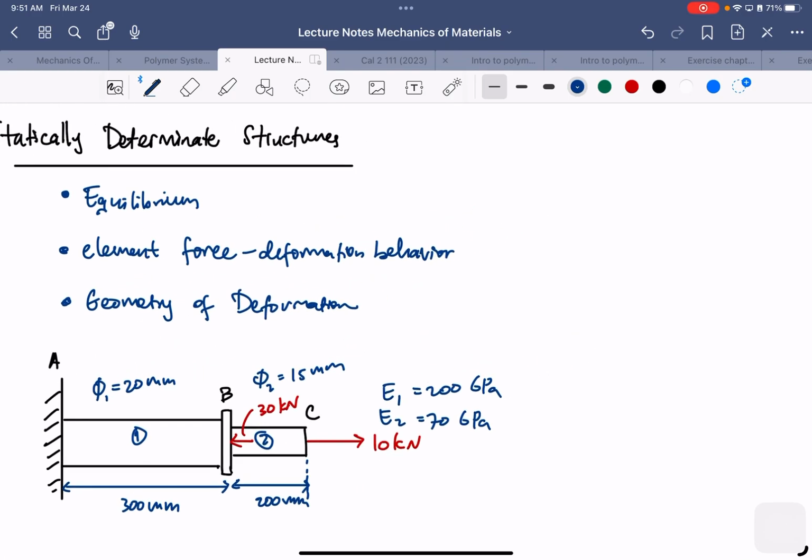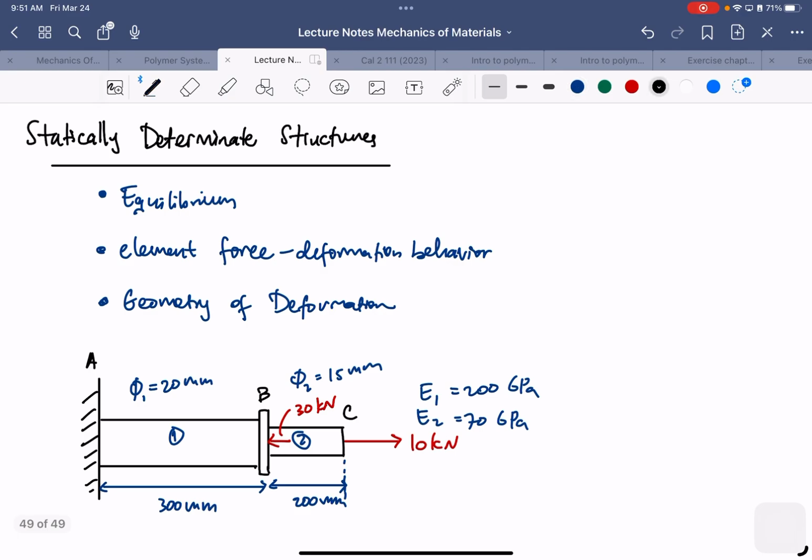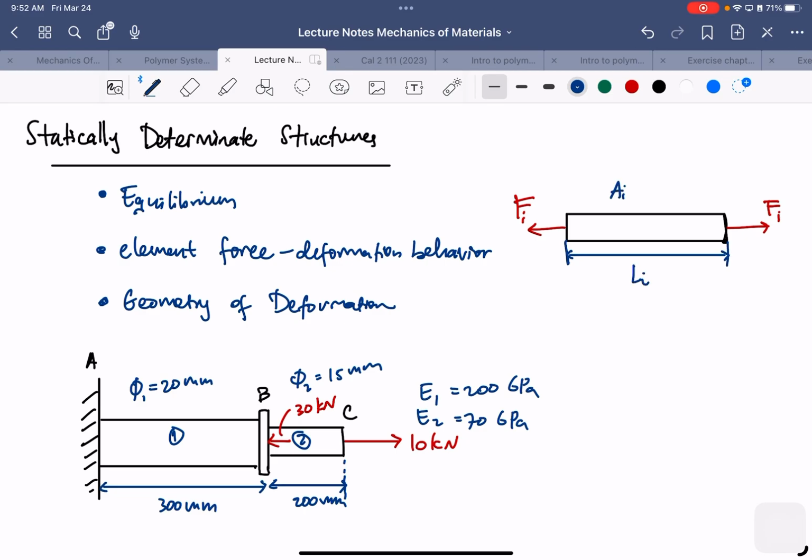So a typical element, when we are solving this member elongation problem, we could think of a member that will have applied force on each end. Let me just write it as Fi, and then it will have the length, and of course it has the cross section and the E, right?